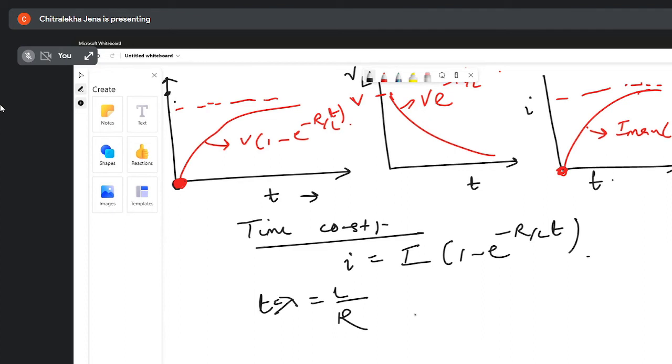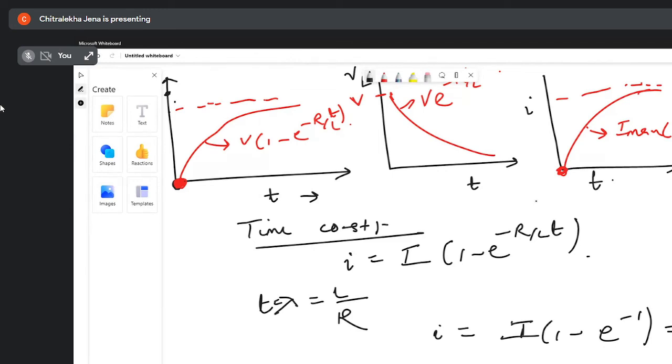So what will you get, tell me? I is equal to how much? It will be capital I into 1 minus e to the power minus 1, that will be equal to 0.632 into I. Okay.